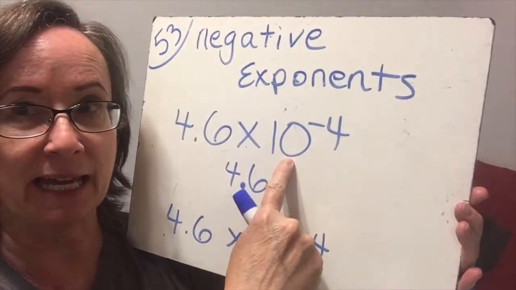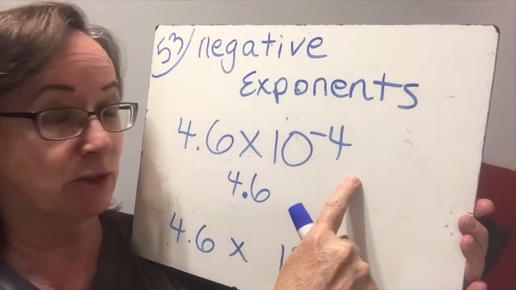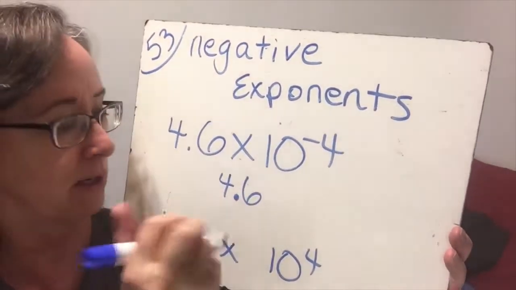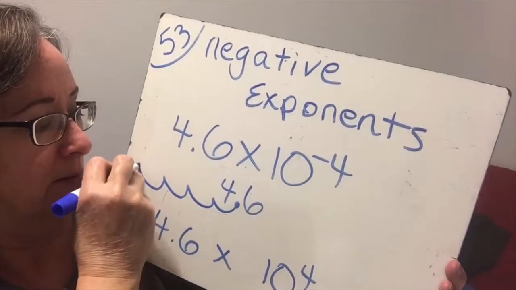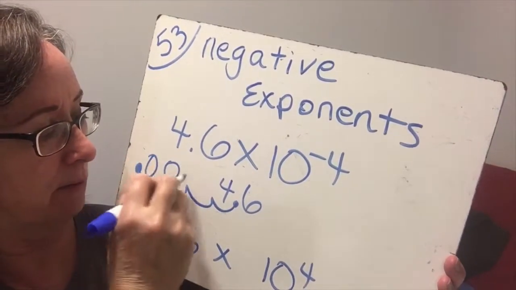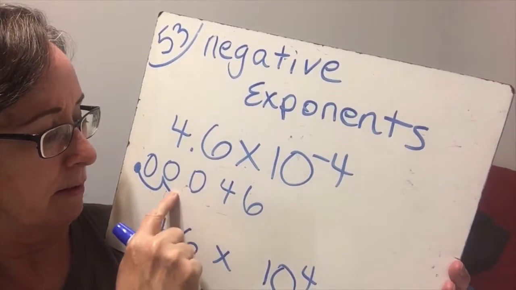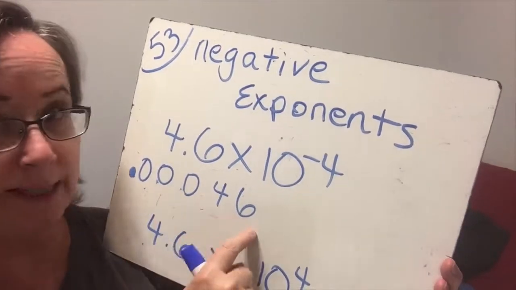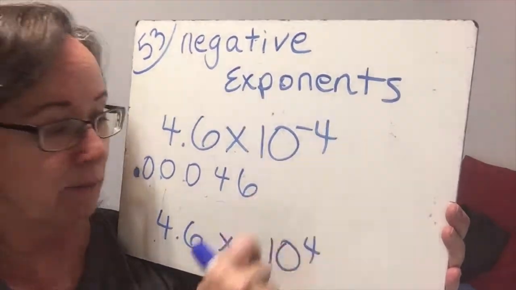So now I'm going to take my 10 to the negative 4, it's really dividing by 10 to the fourth, which means move my decimal to the left 4 steps. 1, 2, 3, 4. 0, 0, 0. So now the real number is 0.00046, and its scientific notation is what we started out with.